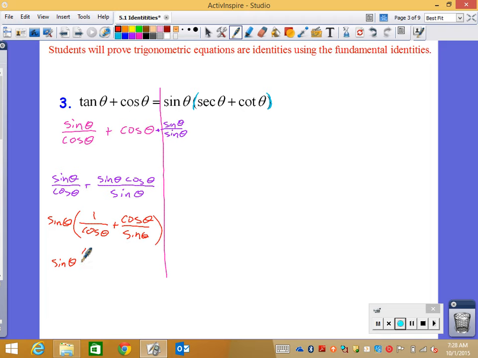It worked out just like I wanted to. 1 over cosine theta is secant theta, plus cosine over sine is cotangent theta. And I'm done. So remember, the key to this one was, hey, I realized that I have these parentheses on the right-hand side, and I don't have them on the left. So I knew I had to factor something out.